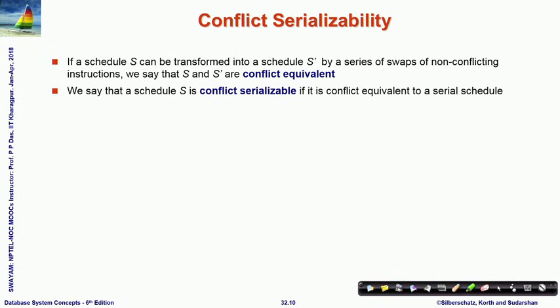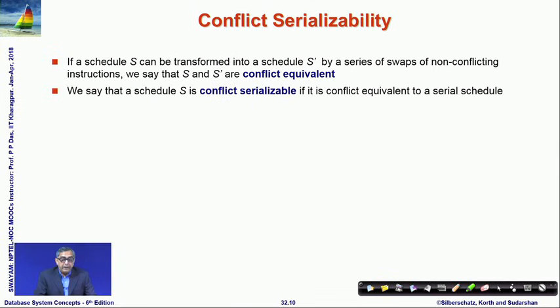The second definition to keep in mind is a schedule S is conflict serializable if it is conflict equivalent to a serial schedule. What is a serial schedule? Just to remind you, a serial schedule is one where the transactions happen one after the other in a serial manner.